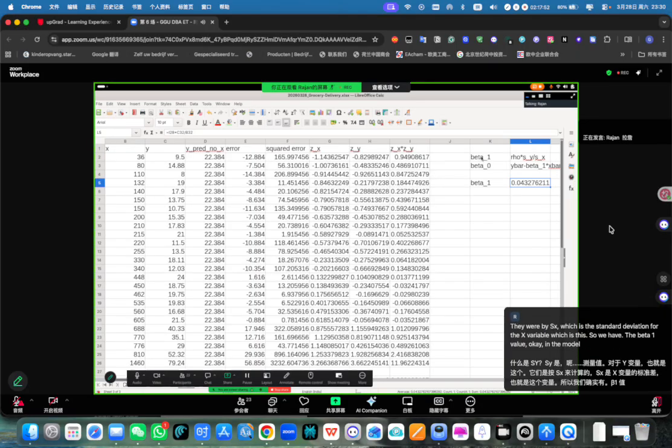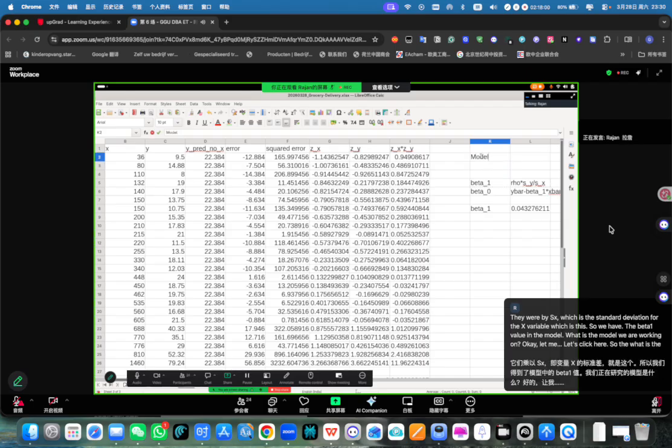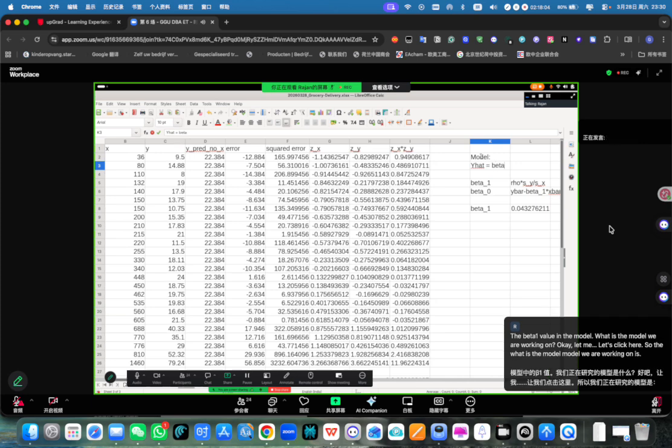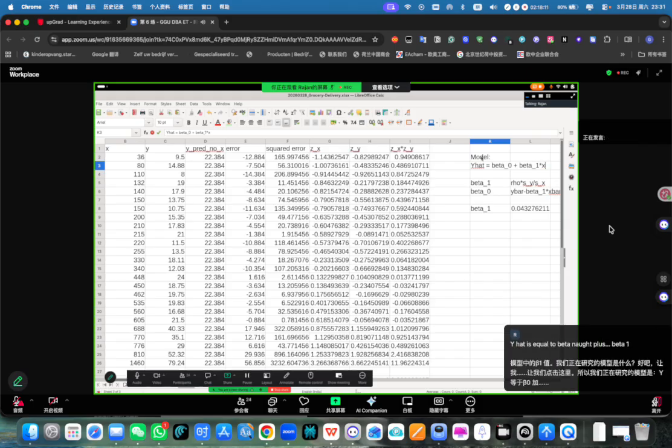What is the model we are working on? Let's put it here. The model we are working on is y hat is equal to beta naught plus beta 1 times x. That's the model we are working with, right?